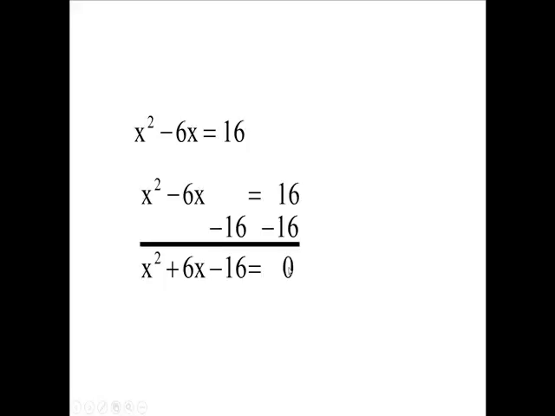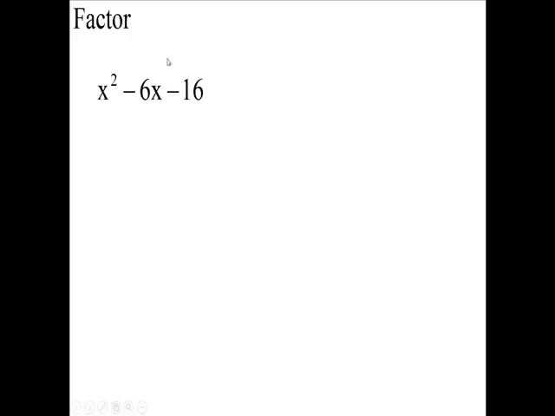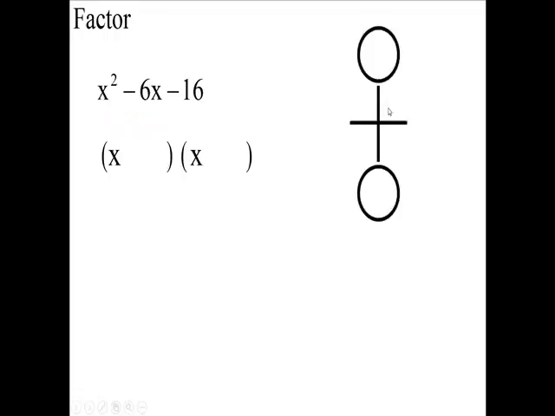Okay? Now, if you look at the x squared minus 6x minus 16, forget equals 0 just for a minute, and we want to factor this. All right? So we know we're going to have x times x to give me x squared. And then set up a little template over here. And there's a 1 right here. I want to take 1.